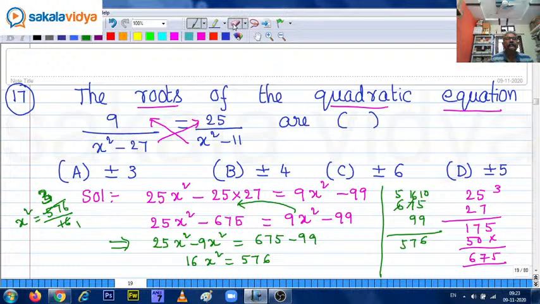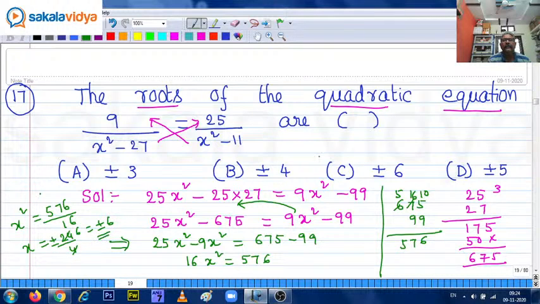So x is equal to the square root of 576 upon 16, which is 24 upon 4. Plus or minus 6 is the right answer. Yes, option C.